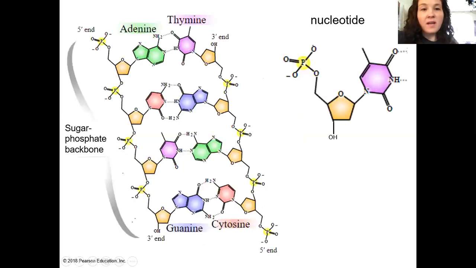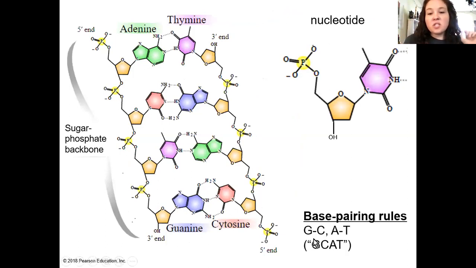And if we unwind this double helix, it forms a ladder shape. Here's our nitrogenous bases forming the steps, and they're held together with hydrogen bonds. Notice that thymine always pairs with adenine, and guanine always pairs with cytosine. These are called the base pairing rules. It's G with C, A with T, and you can remember that by the catchy acronym GCAT.